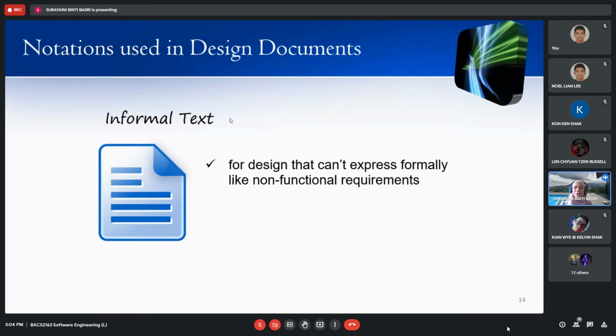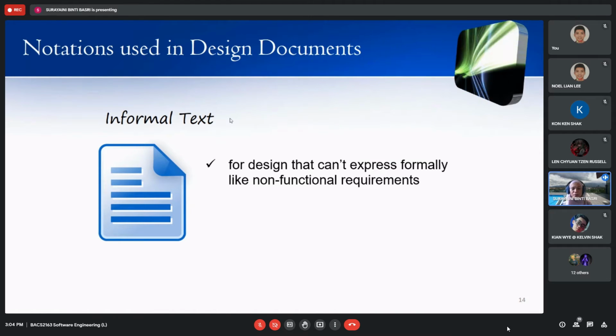For example, a non-functional requirement from your user says that the search function must give result within 2 seconds. What notation, besides informal text, can best describe that requirement?